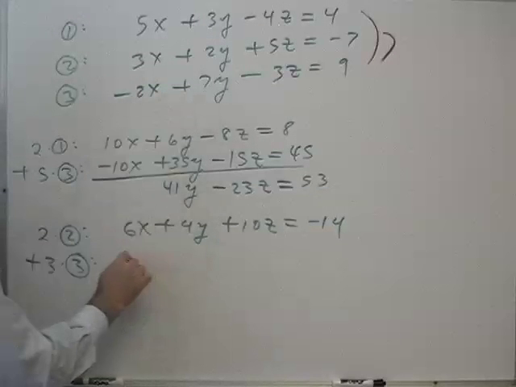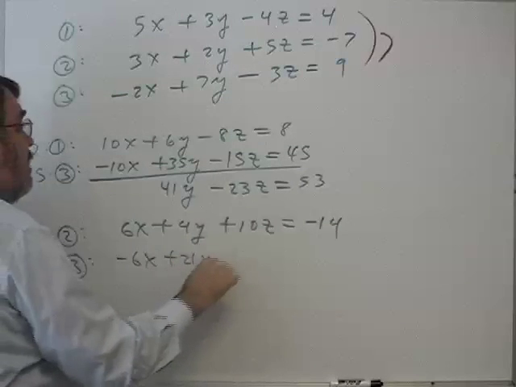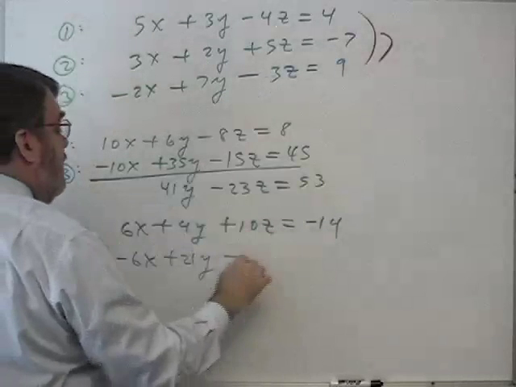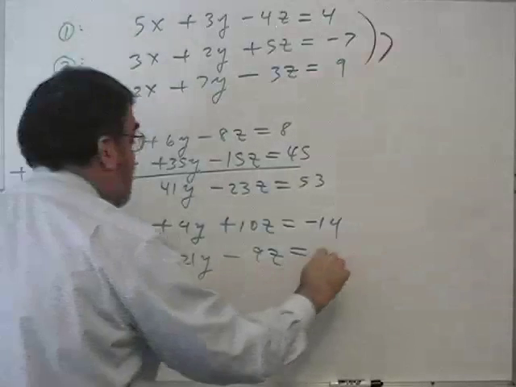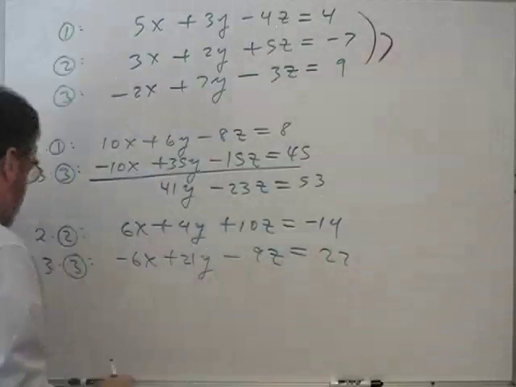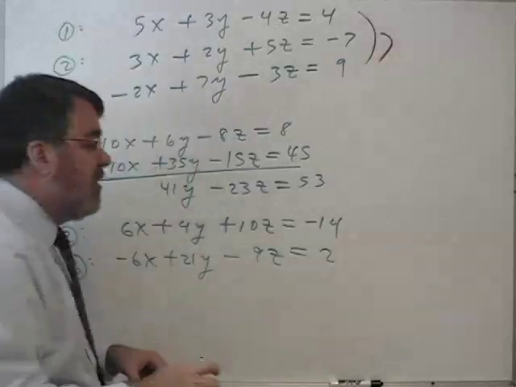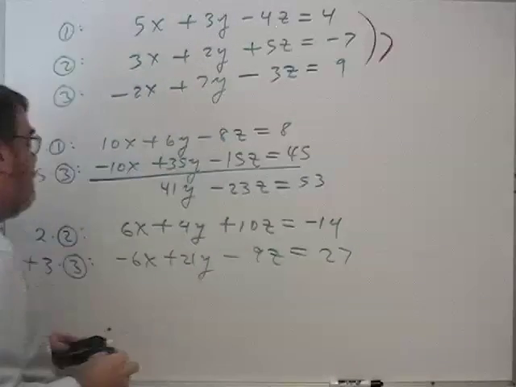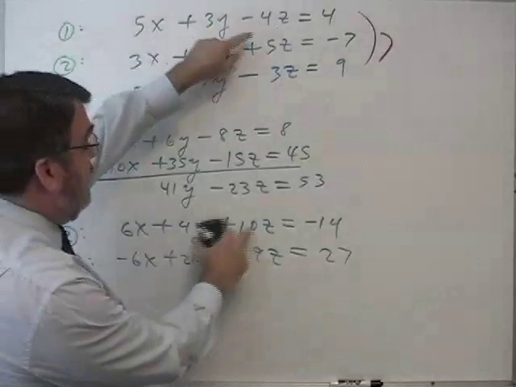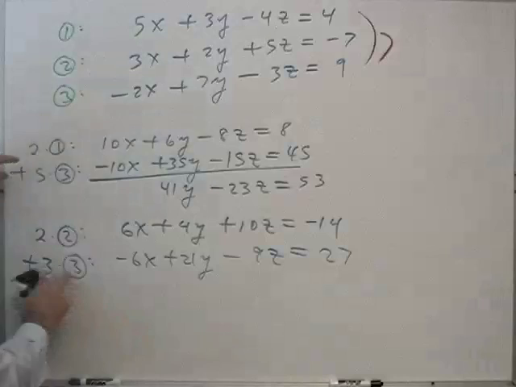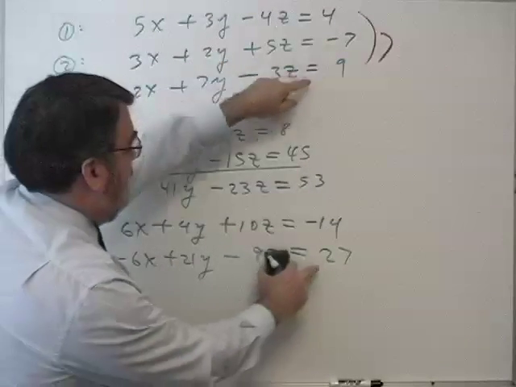And this gives me negative 6x plus 21y minus 9z equals 27. I want to double check my numbers here. So 6, 4, 10, negative 14, multiplied by 3, so negative 6, 21, negative 9, and 27.